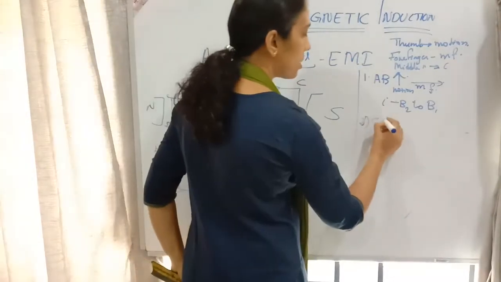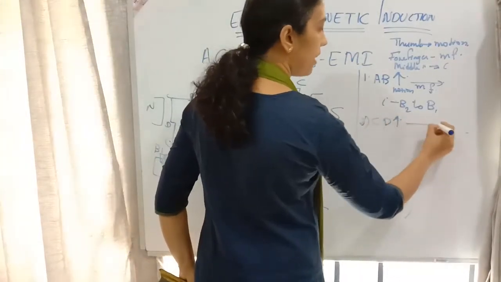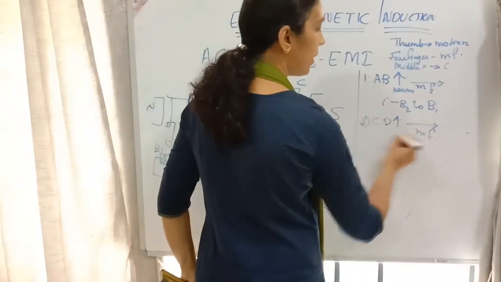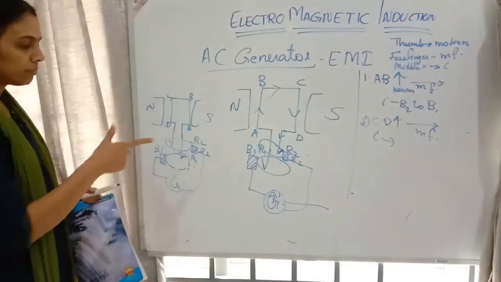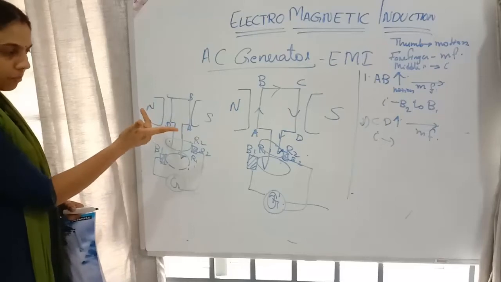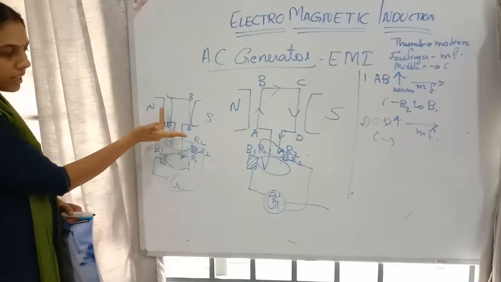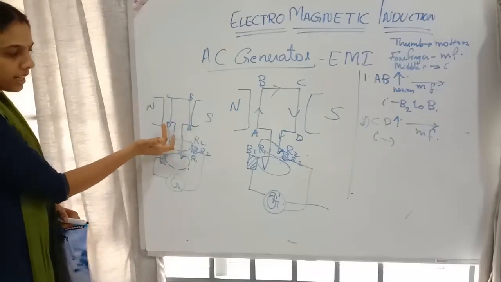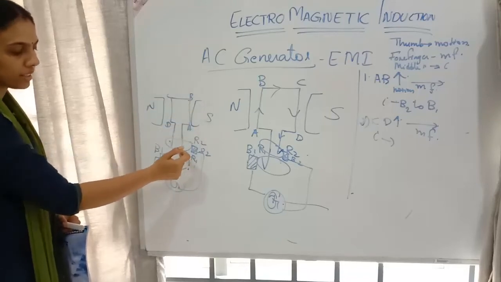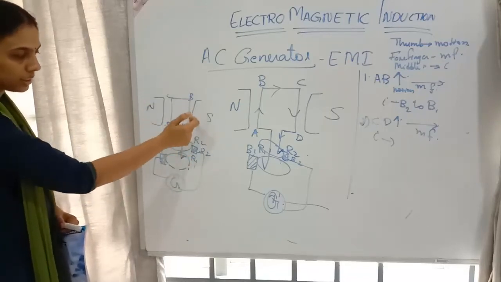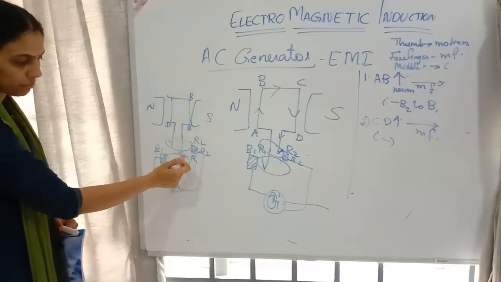Now CD is moving in the upward direction. The magnetic field is the same here. Then what will be the current? The magnetic field is moving like this. Right? Then current is moving from D to C. When the current is moving from D to C, it will go like this.